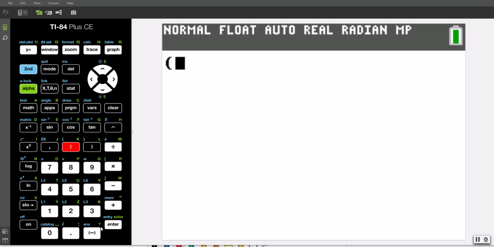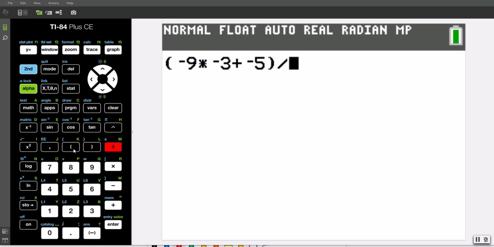You would have to use the negative symbol, so you have negative 9 multiplied by negative 3, plus negative 5, and then we close the parentheses. We could have put a parenthesis around negative 3, but you don't really have to.